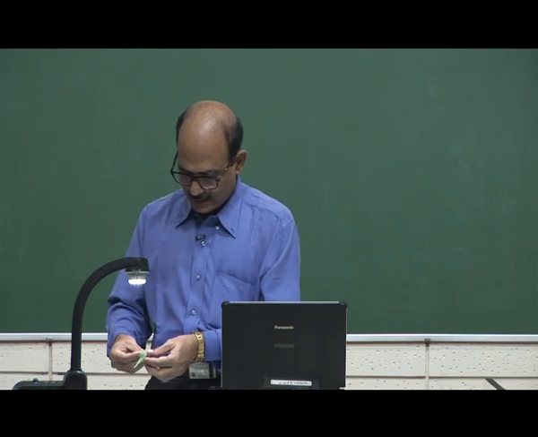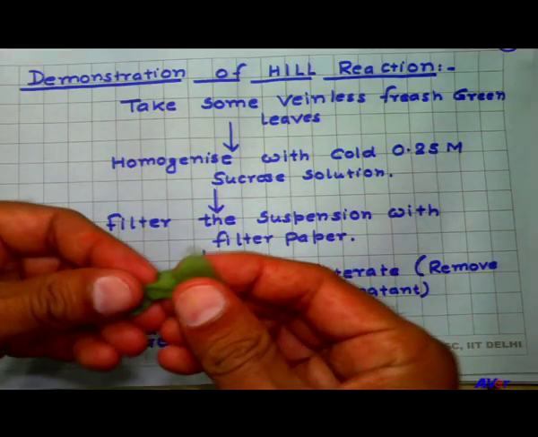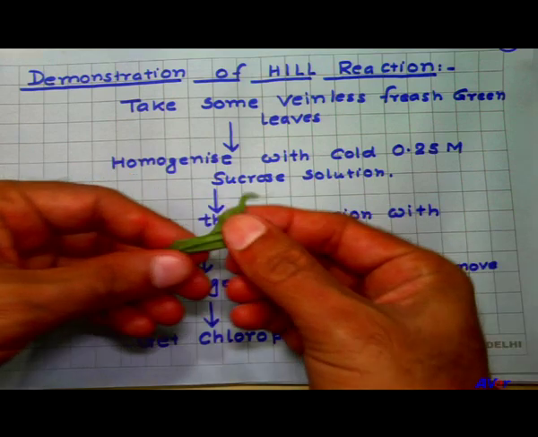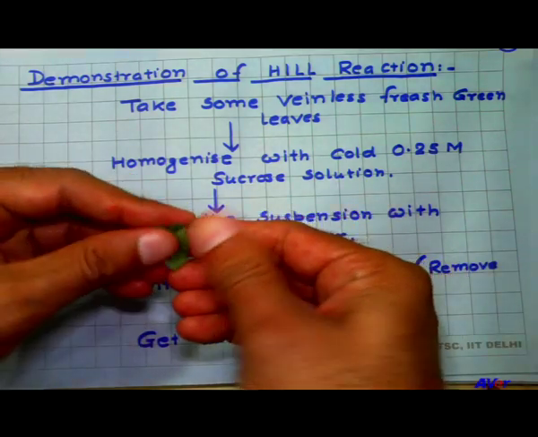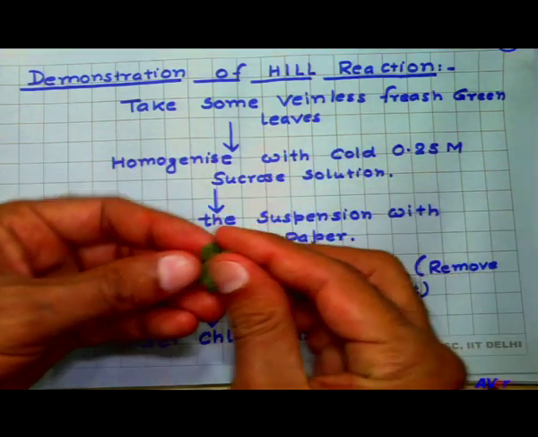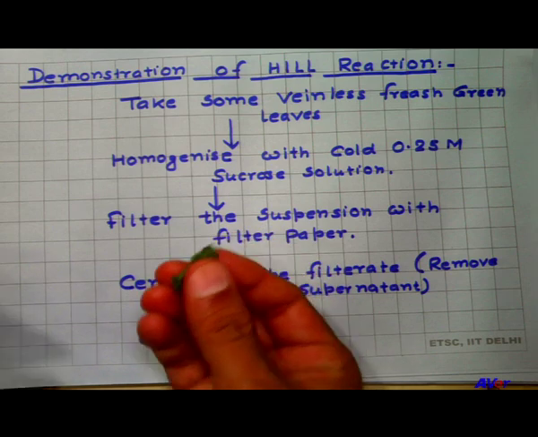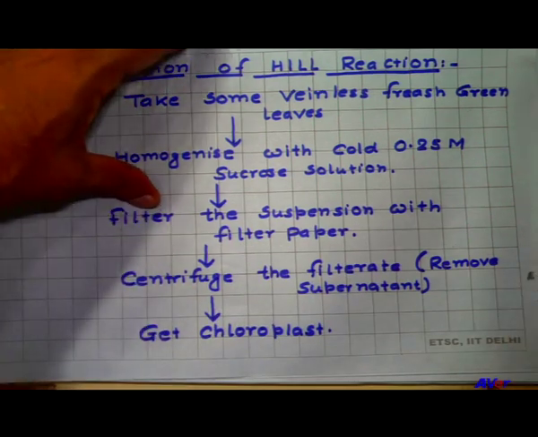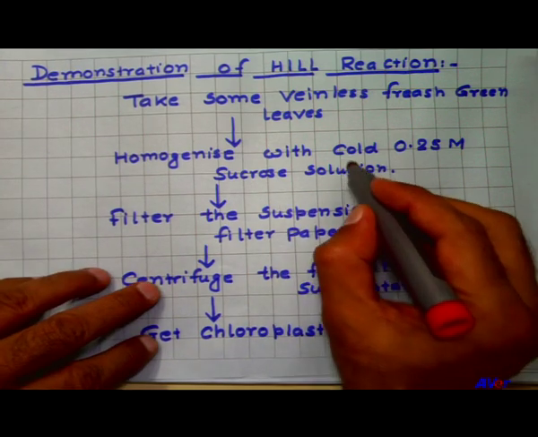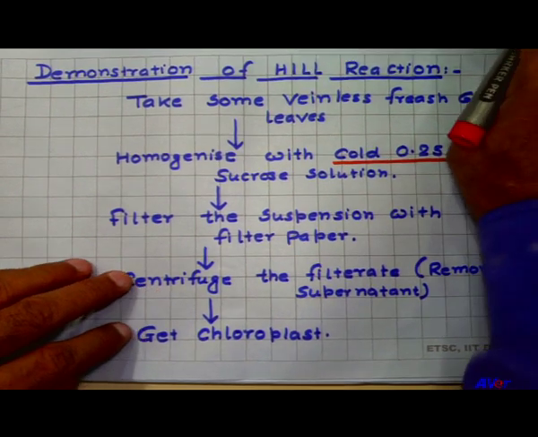The vein is removed, and only the green part which has a large number of chloroplasts is kept. Then he homogenized these fresh green leaves with cold 0.25 molar sucrose solution.